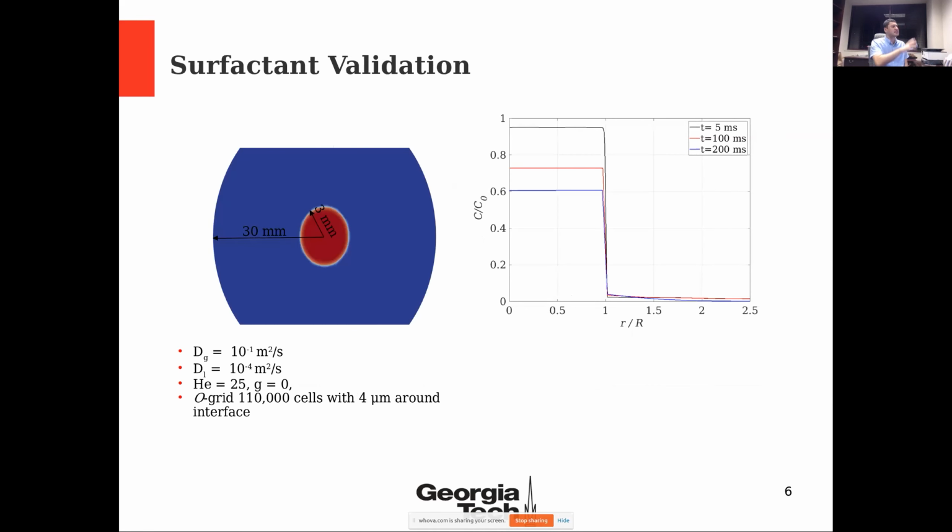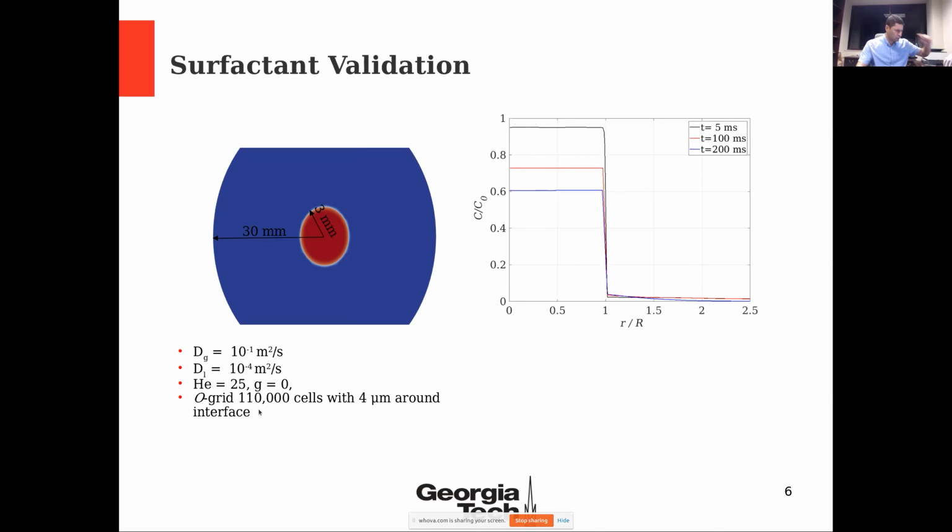For a basic case, VOF is not solved, just the PDE that I showed in the previous slides. It's 2D, a circle of surfactant at the center of a circular domain, and gravity is 0. As you can see, the concentration of the surfactant decreases in time uniformly. Imagine this point here is the interface, and it decreases uniformly and gets distributed into the domain.